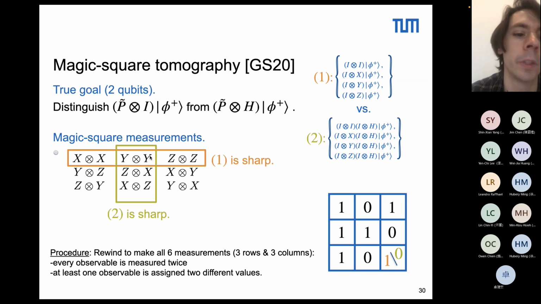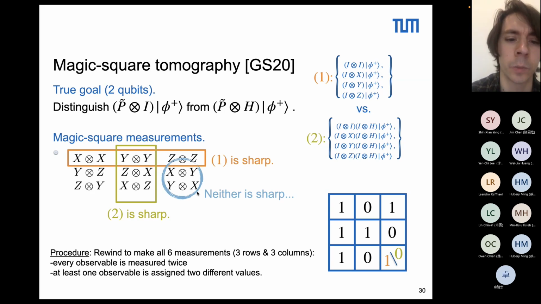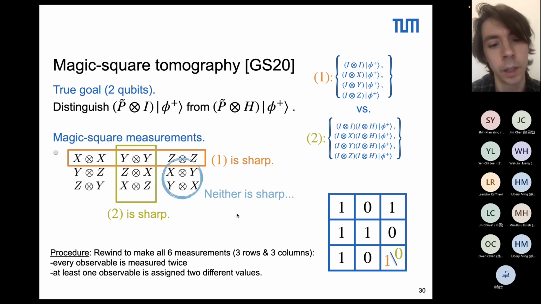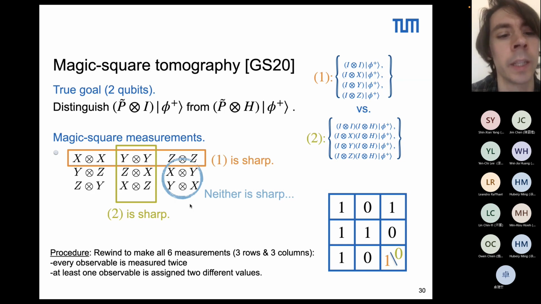And it can never be, for example, here, because this one is sharp for both. However, there are some cases where none of the observables are sharp for either family, in which case we don't gain information. We know that this observable is not sharp, but it doesn't allow us to distinguish between 1 and 2.